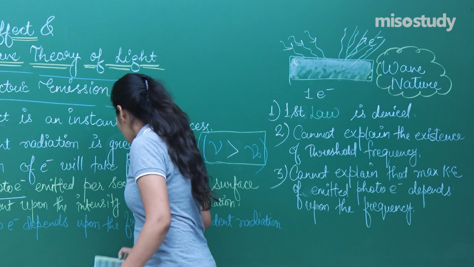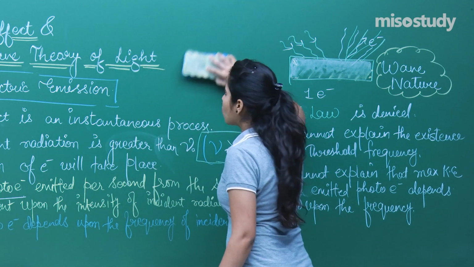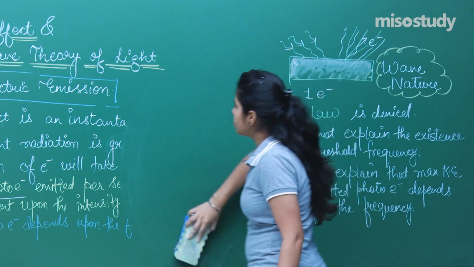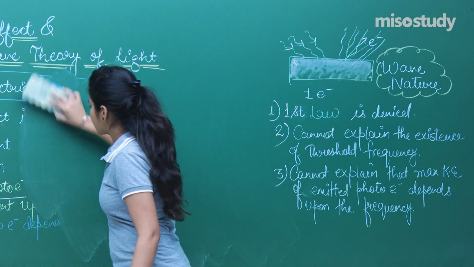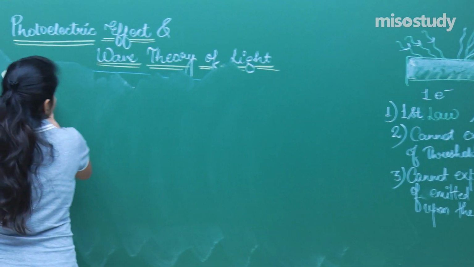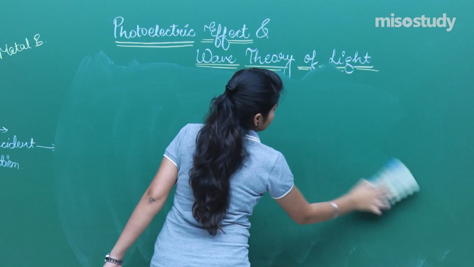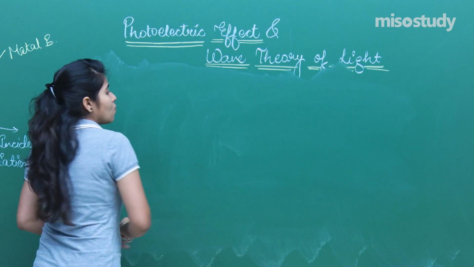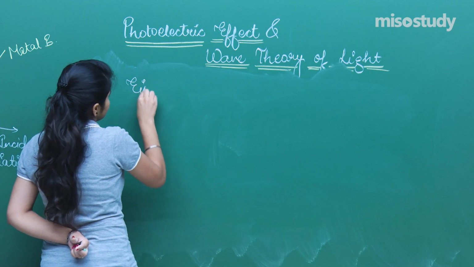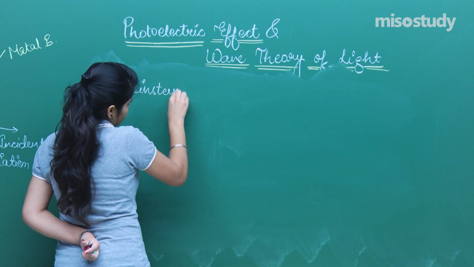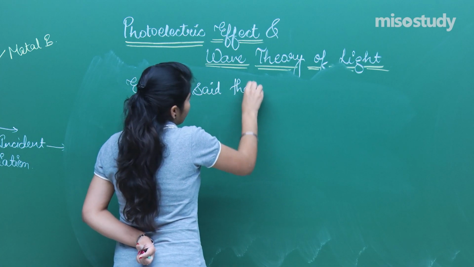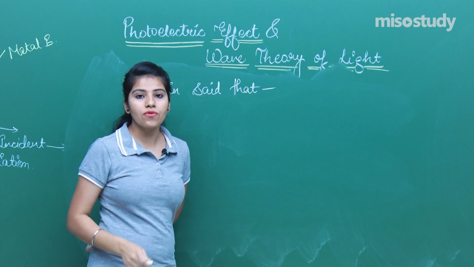So we will be writing over here, I am removing this laws of photoelectric effect. Okay. So what did Einstein say? Einstein concluded that light is composed of photons.